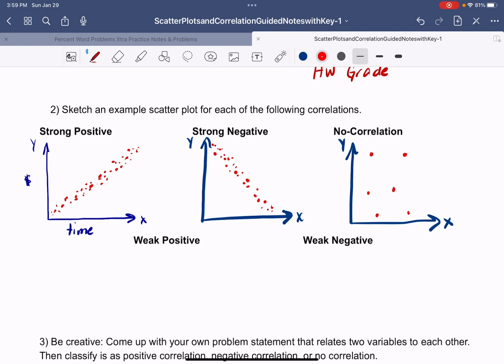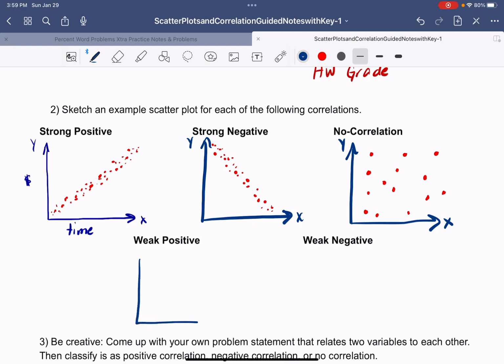I want you to draw these in here, okay? We have nothing that looks like anything, and you just have data everywhere. Right? You could be 98 years old and like 5 snacks, but you could also be 10 years old and like 5 snacks, okay? It doesn't matter how old you are, there's no correlation to how many snacks you like to eat.